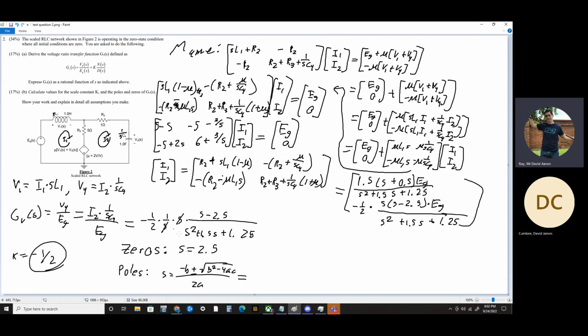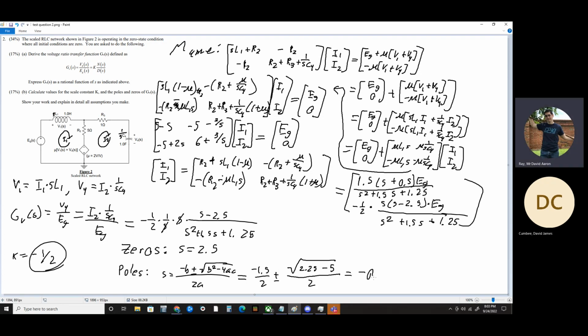That equals negative 1.5 divided by 2 plus or minus square root of 1.5 squared, which is 2.25, minus 4 times 1.25, which is 5, over 2.